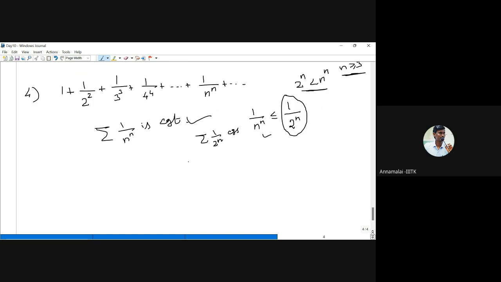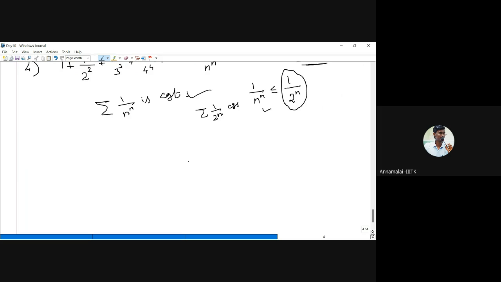Now maybe a similar problem. One more problem is how to guess Vn. Suppose we have a series, summation of square root of n power 4 plus 1 minus square root of n power 4 minus 1. Now what can I say about this series?